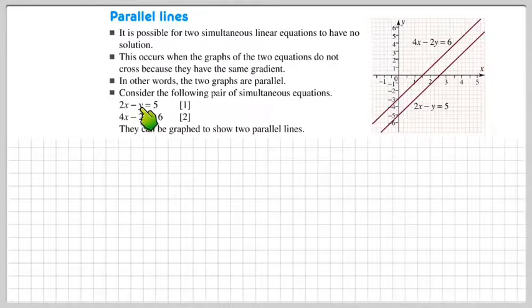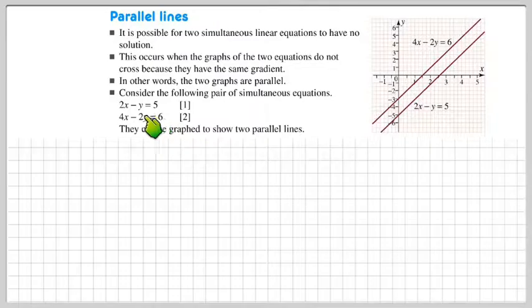If you solve that for y equals mx plus c in that form, you would get, for this one, y equals 2x minus 5, and in this one you would get 2y equals 4x minus 6. And if you divide through that one by 2, you'd get exactly the same equation as we got up here. So therefore, oh no, you wouldn't. You'd get the same gradient but a different y-intercept.